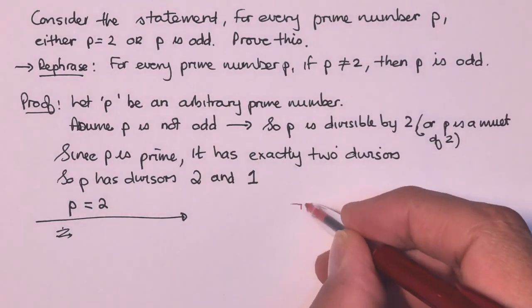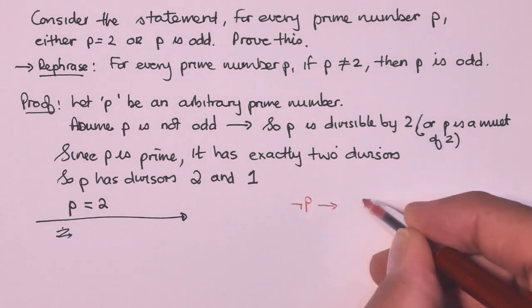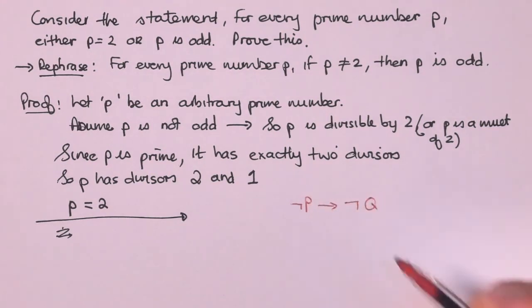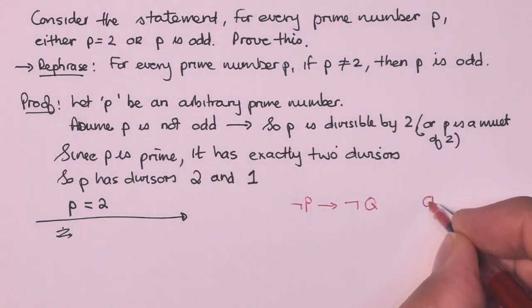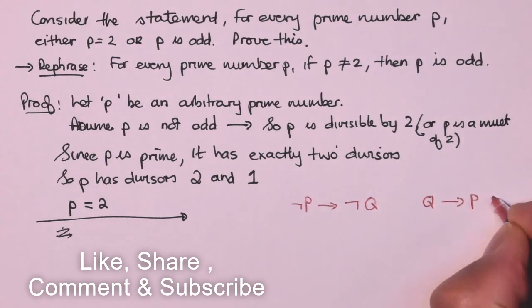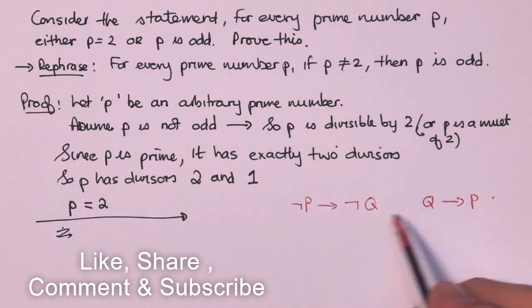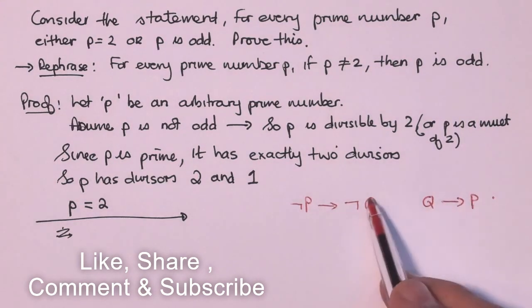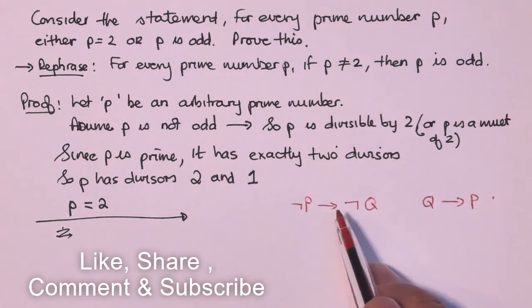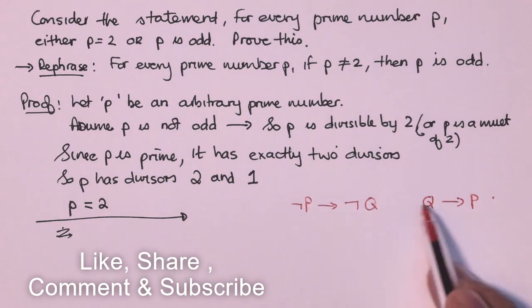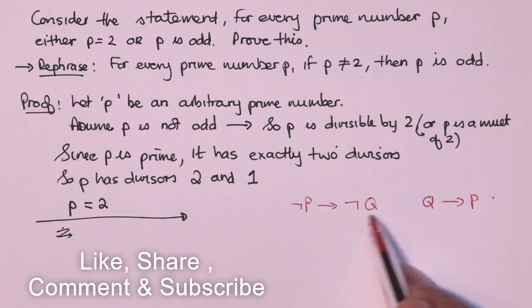Now remember, if p then q, the contrapositive of the statement is if not q, then not p. So that's what we proved. We wanted to prove the original, and instead of proving this, we proved its contrapositive. Why does it work? Because these are logically equivalent statements.